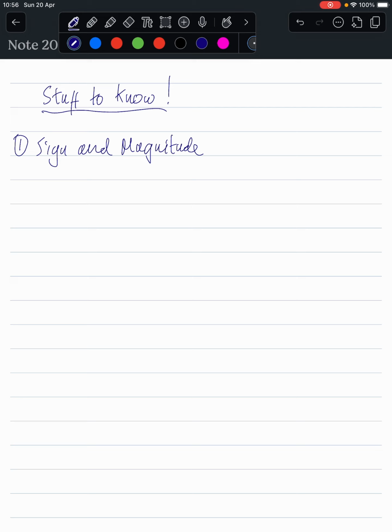All it means is the most significant bit is 1 if the binary number is negative, or it's 0, maybe you can guess that, if the binary number is positive.